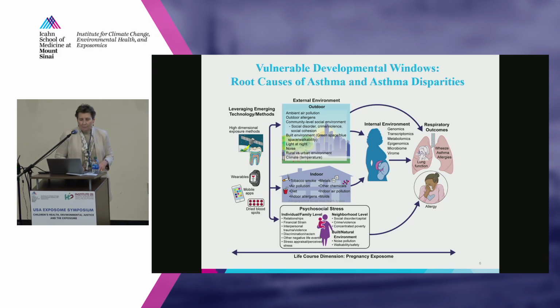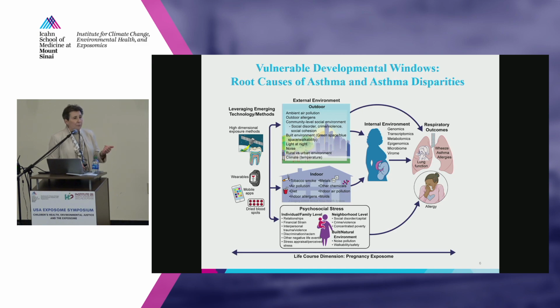But this is a graphic that shows the external environmental factors that we now know, from the evidence base built over the last 2 to 3 decades, drive asthma onset and can trigger disease, even starting in pregnancy.